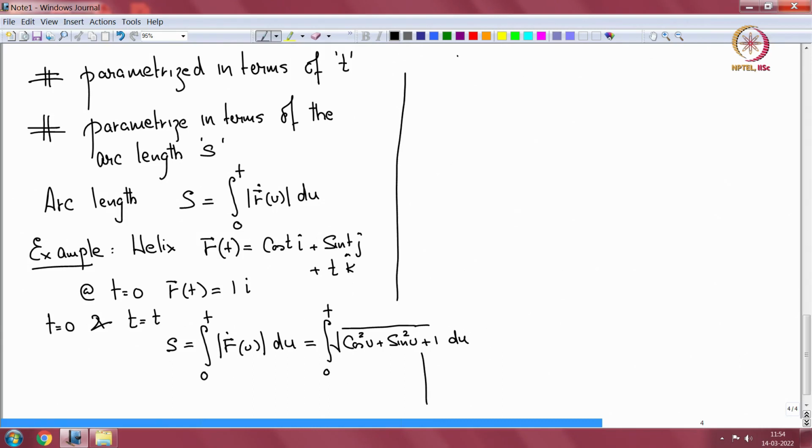Okay, that gets me the integral from 0 to t of root 2 du, which is equal to root 2 t.